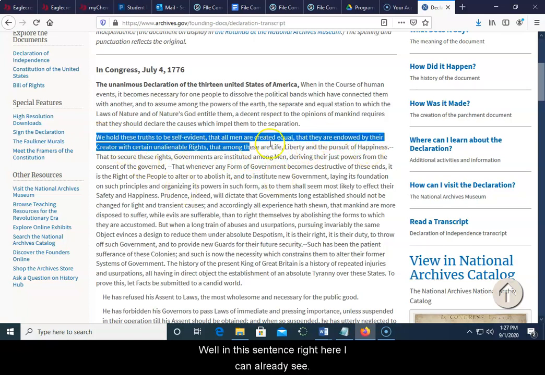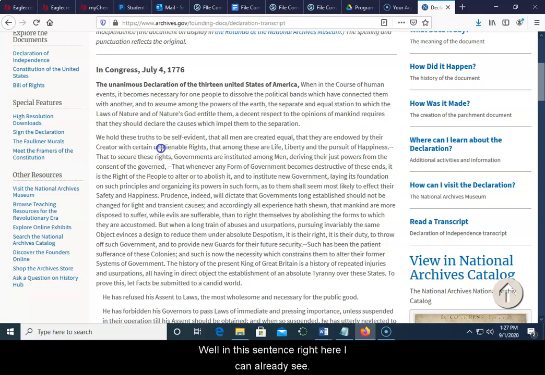Well, in this sentence right here, I can already see that, and that. We could compress that down into just one symbol to represent the word that, and that would help compress it all down. So though the Declaration would be hard to compress, there's definitely things in here that can compress.